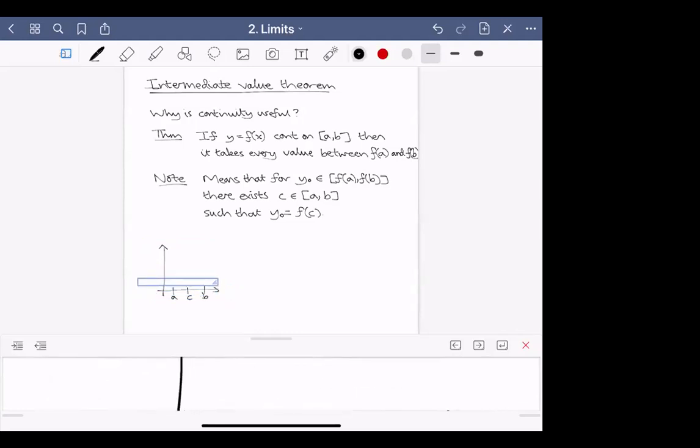There's going to be some c in there. And say this is the value at a, and this is the value at b, and this is the y0 I want to find as a value.